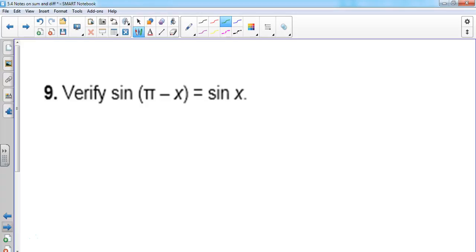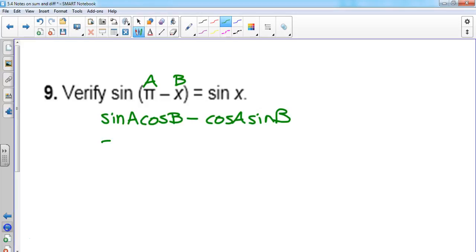Can you find what the rule is for this for me? Sine of A minus B. Is that right? Okay. We're going to put in what? Pi and x. And then we're going to trade out values. And it's going to prove it's true.